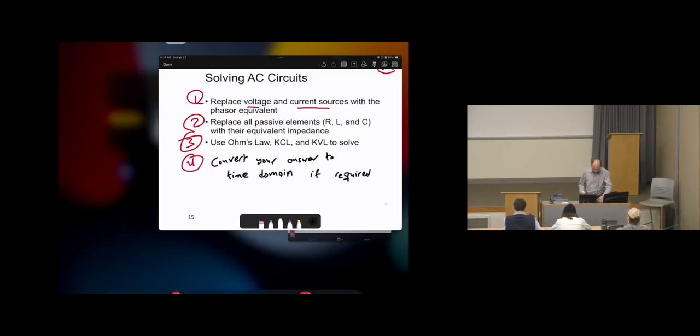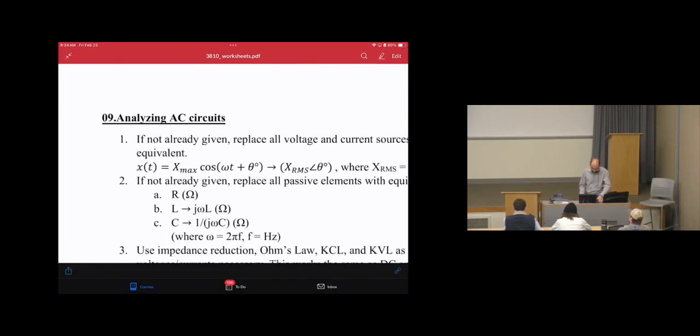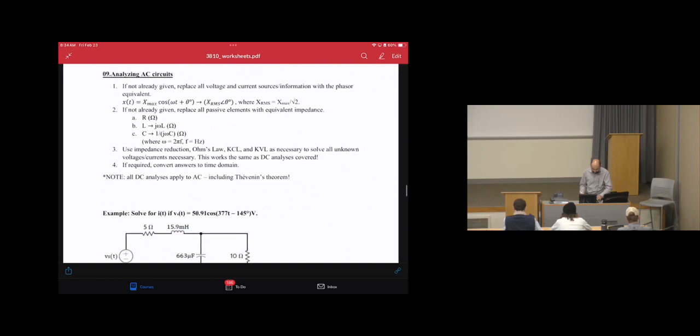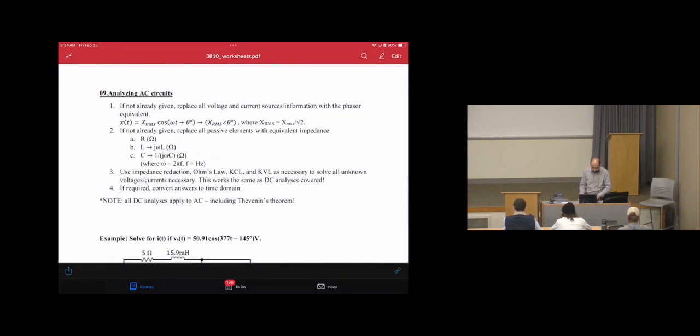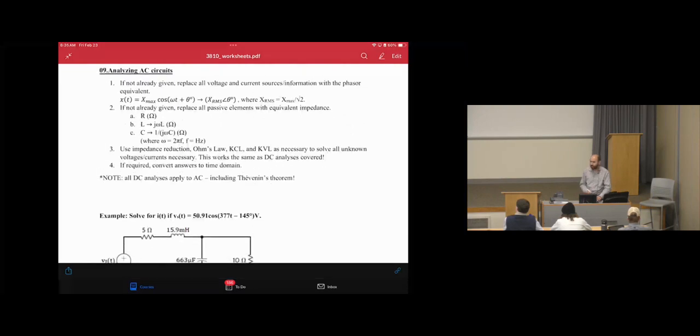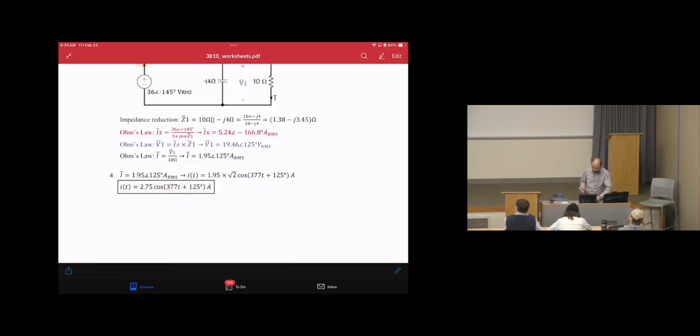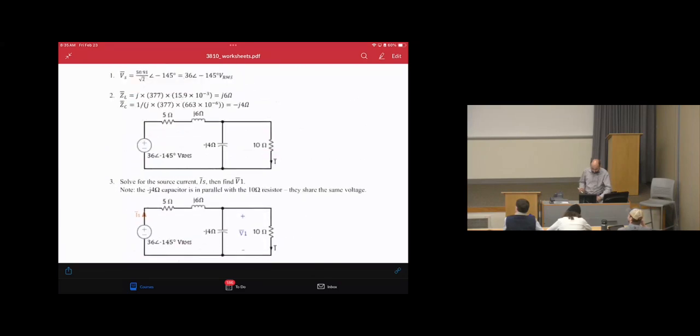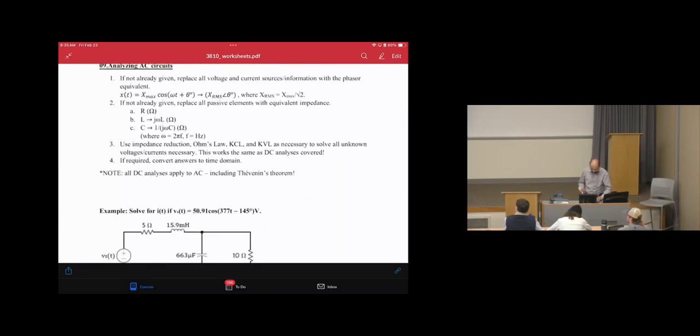And also I encourage you to go to worksheet number 9. It also summarizes the procedure and how we do the analysis, and there's an example associated with it. So this can be self-study for you, and the example is written in deep details, how we find the answer. So you can look at it by yourself.